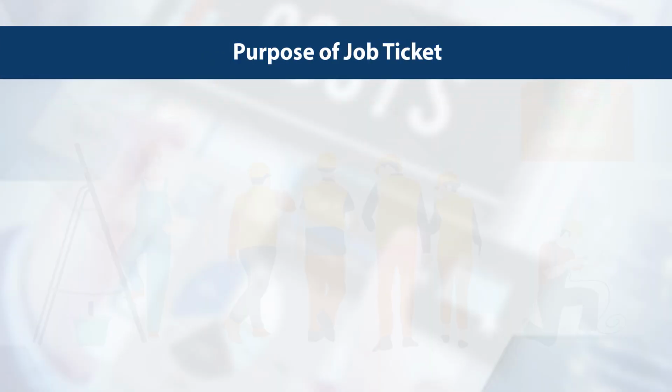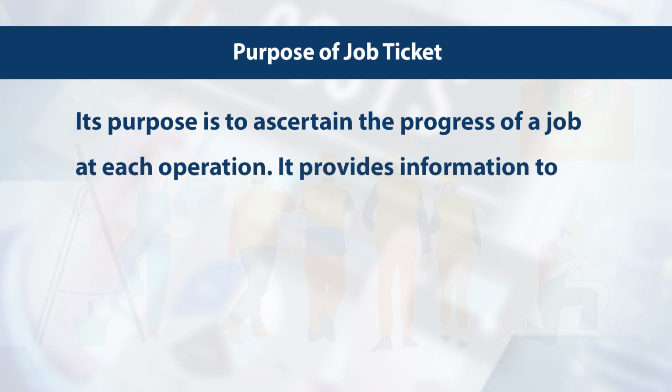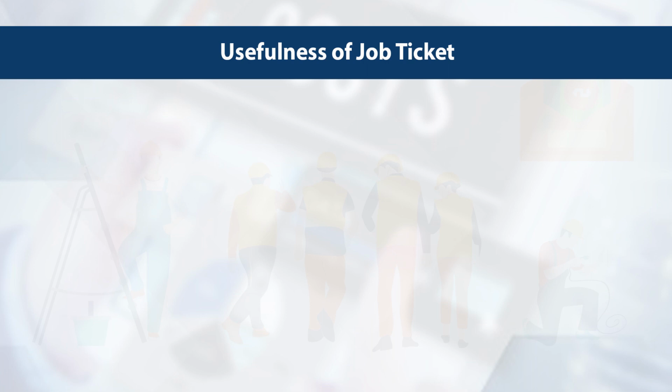Let's understand the purpose of job ticket. Its purpose is to ascertain the progress of a job at each operation. It provides information to the management about the completion stage of the job undertaken. Let's discuss the usefulness of job ticket.